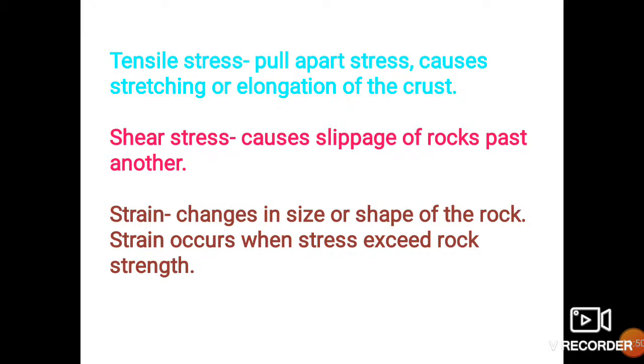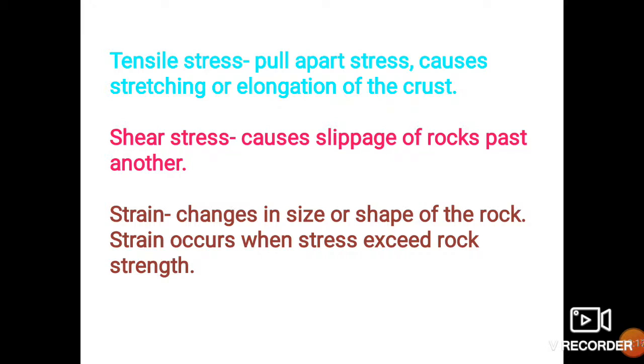This is the definition of strain. Changes in size or shape of the rock is called strain. As a result of the stresses applied on the rock, it changes its size and shape. That is, strain gets developed in the rock.